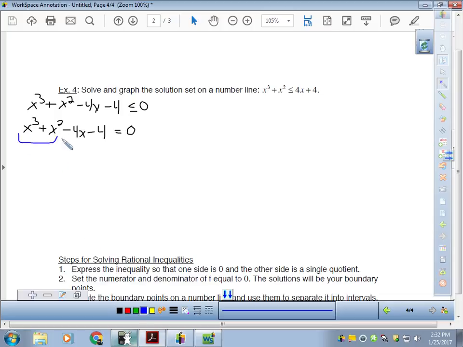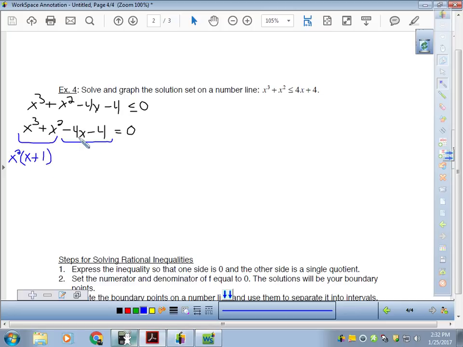We're going to group these two and group these two. In the first group, in common between these two terms is an x squared. When I pull an x squared out of x cubed, it leaves behind an x. When I pull an x squared out of x squared, it leaves behind a positive 1.